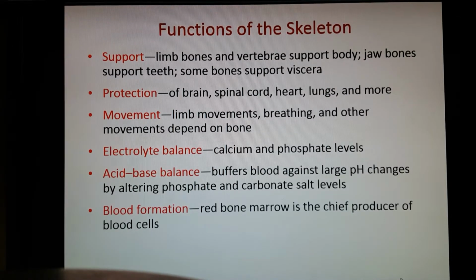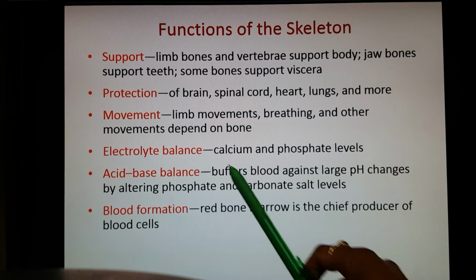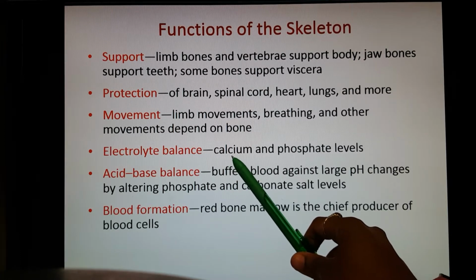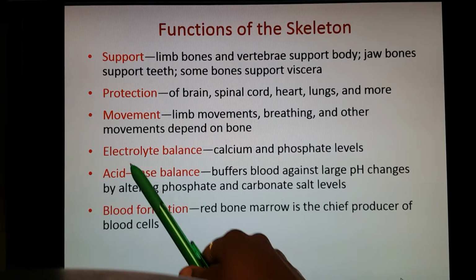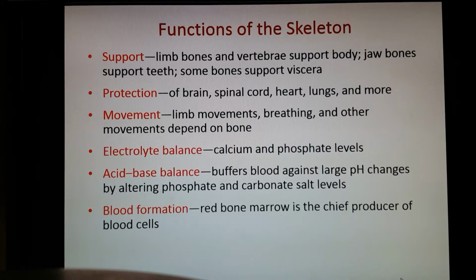And your bones are like a mineral bank, so they help to balance the calcium and phosphate levels in the body. Both of those are ions that are part of other molecules that ionize in water, so they're also part of electrolytes.